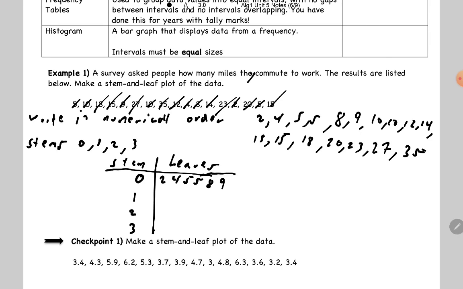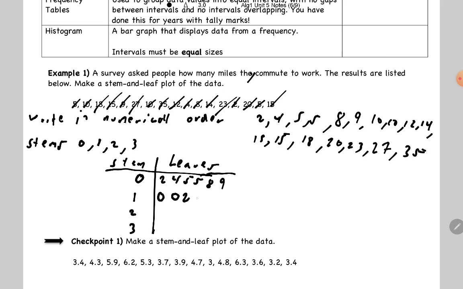For your tens, your stem represents your first digit. So if I had 10, I would put 0 here, and that means 10. This means another 10.